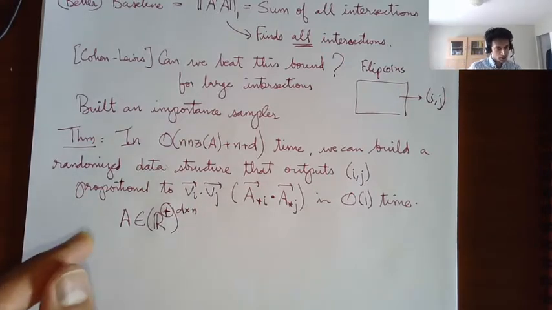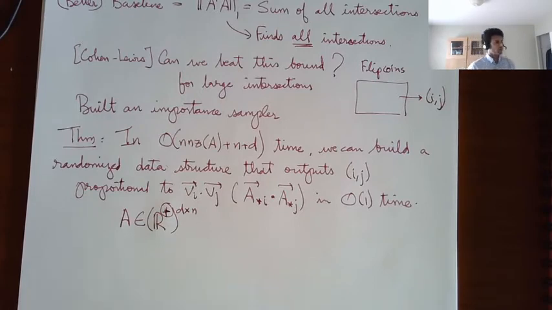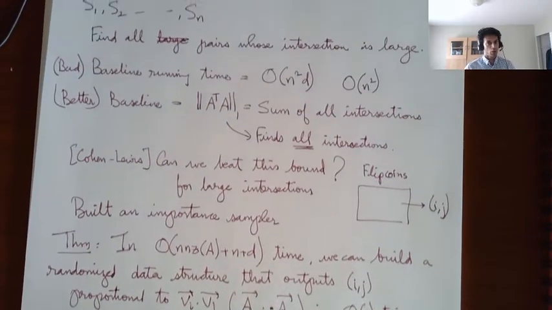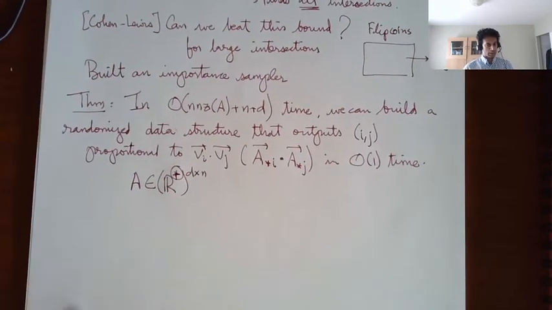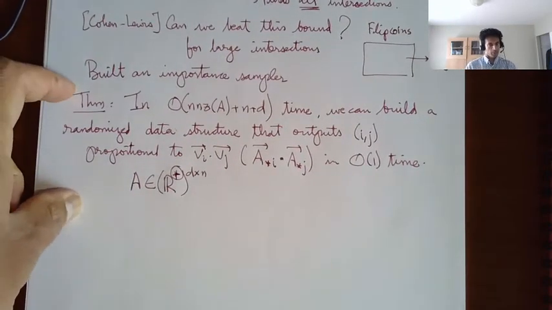Now using this, going back to our friends, binomial tails and Chernoff bounds, we'll be able to analyze how long it takes to find all large entries. But first, what I want to tell you is how to build this randomized data structure.